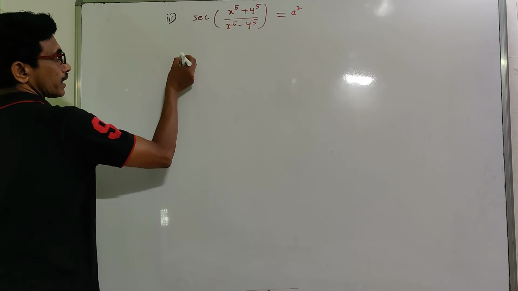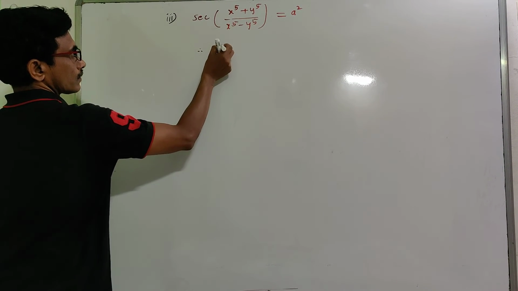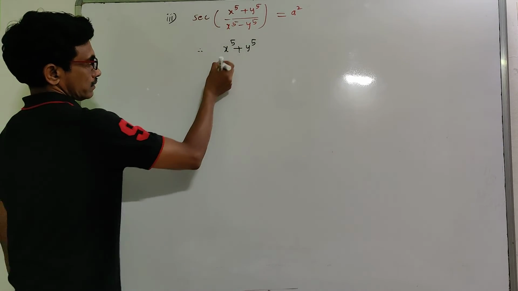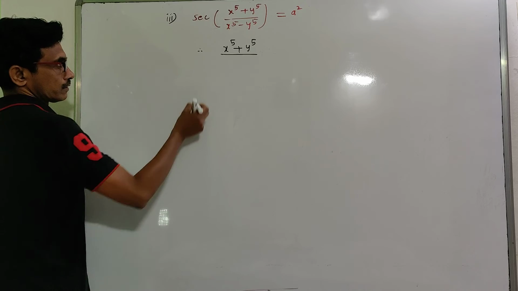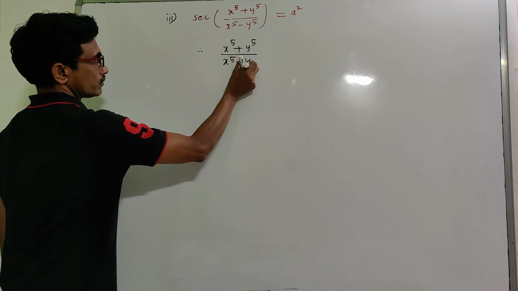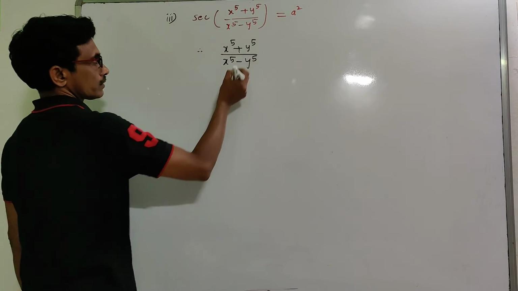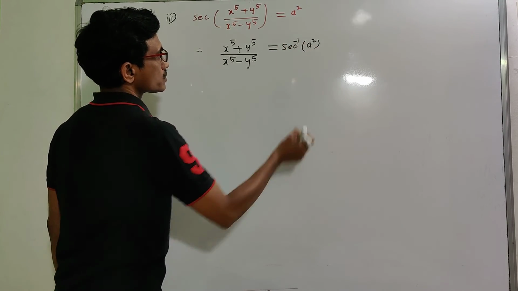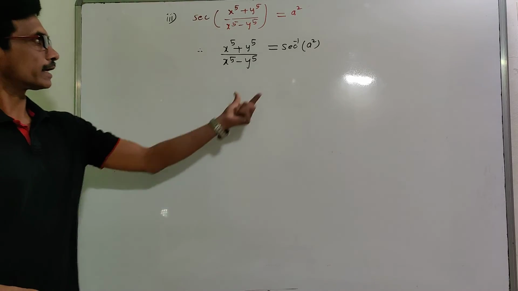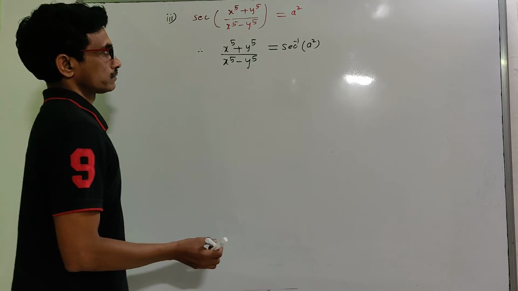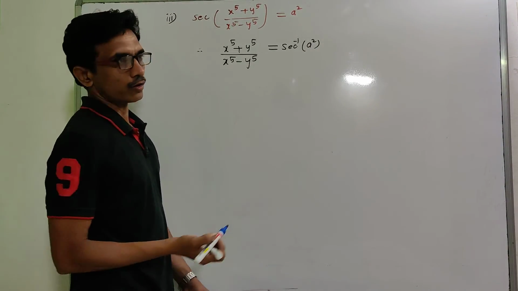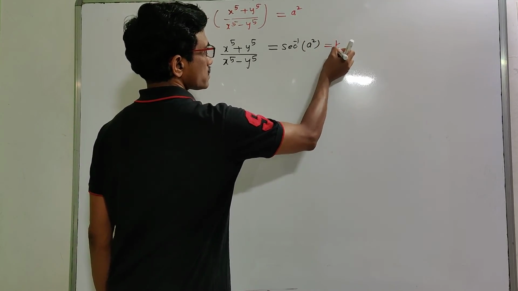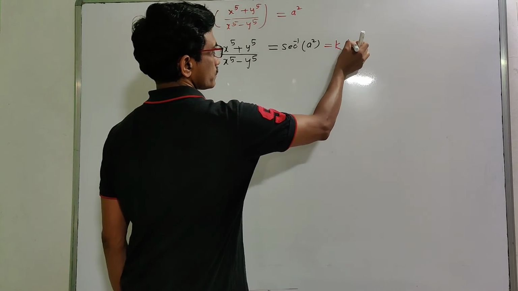That means this can be written as (x to the power 5 plus y to the power 5) upon (x to the power 5 minus y to the power 5) is equal to sec inverse of a square. But this sec inverse of a square is constant. There is no x or y, so it is a constant. Therefore, you can take it as k, suppose.